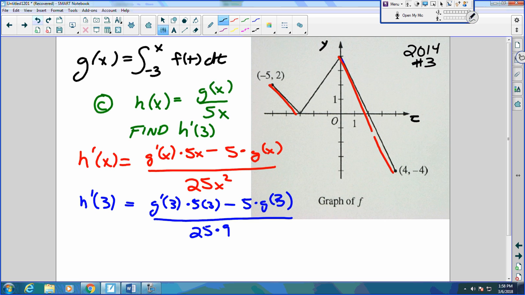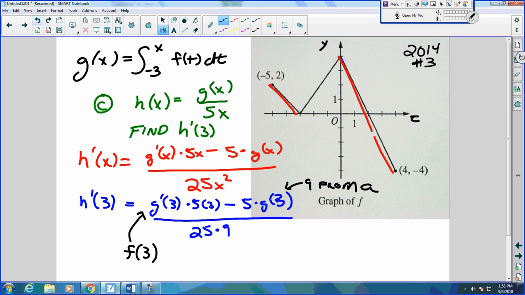So I would probably just put 9, and write "from A." You guys agree? And I should make it readable if I'm going to write it. From A. What don't we know right now then? G prime. But from B, we recognize that g prime of 3 is just f of 3.